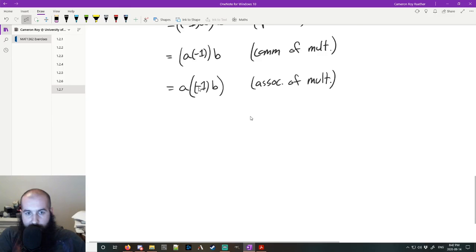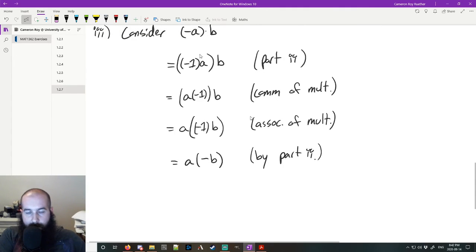And now we have -1 times b, which we know is the additive inverse of b by part 2. So we've shown that the additive inverse of a times b is equal to a times the additive inverse of b, as we wanted, which is all the parts, and therefore concludes the proof of exercise 7.